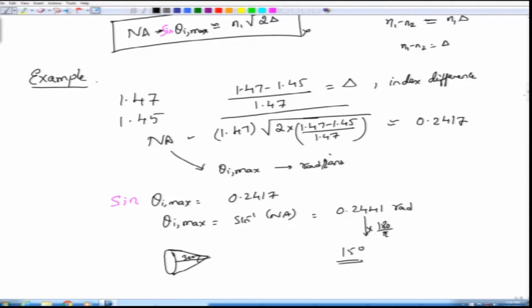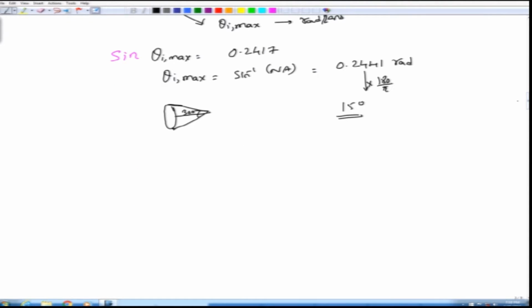So this calculation is useful when you are coupling light from a laser onto the optical fiber. You typically have a laser diode which would be emitting light from this side with a small non-zero divergence. Then you put a lens here in order to make it convergent, and then put this through the fiber.